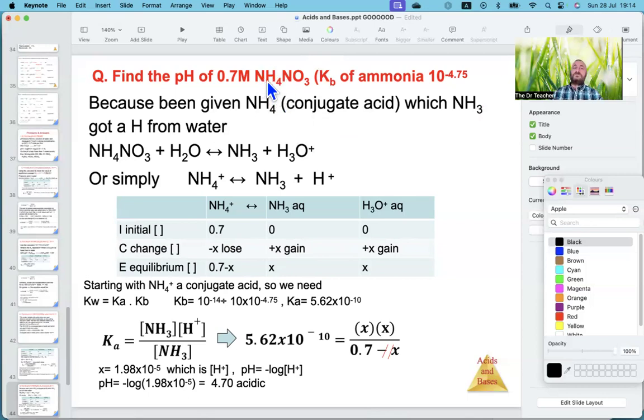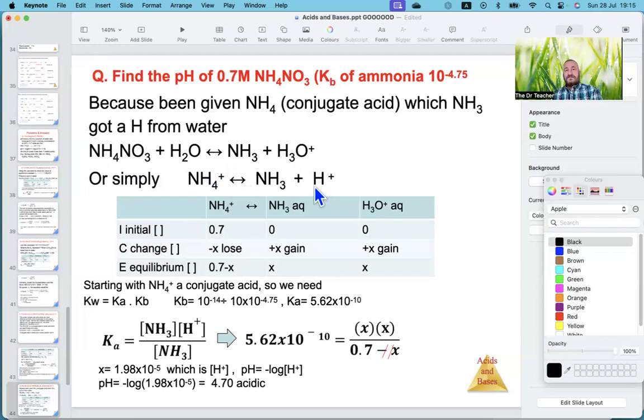Ammonium came from ammonia plus a proton together, so it's a conjugate acid, where NH3 got a hydrogen from water. So NH4NO3 plus water will give you ammonia and hydronium. Or you can say we don't deal with nitrate, we deal with NH4 plus, so it gives you NH3 and H plus.